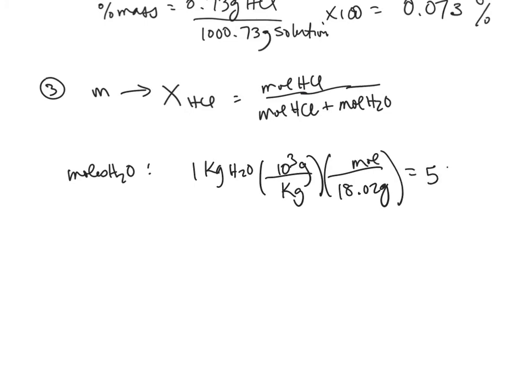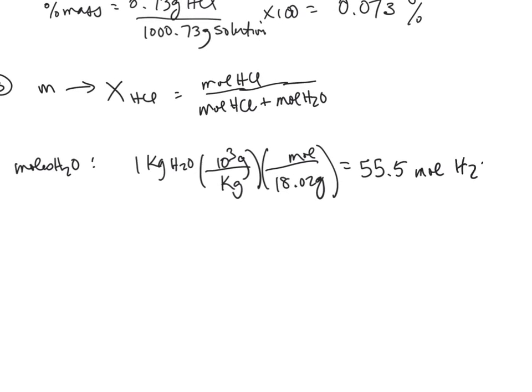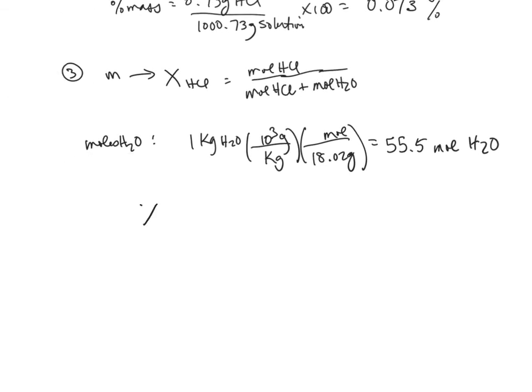And this gives us 55.5 moles of water. All right, now we got it all. So the mole fraction of HCl will be 0.020 moles of HCl divided by 0.020 plus 55.5.